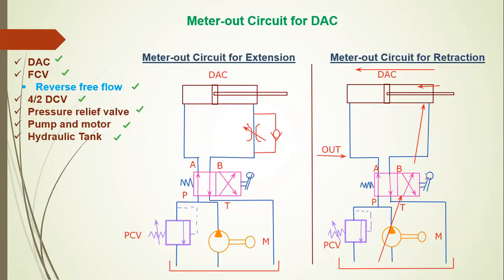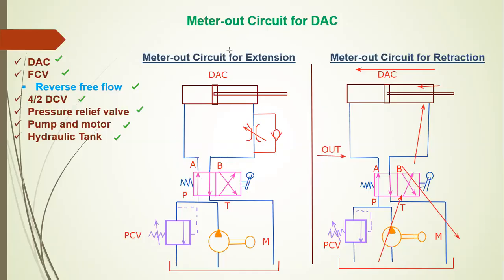For inlet oil in an actuator, we have to consider the second position of the DCV. So the oil passes from the hydraulic pump to the direction control valve and from the direction control valve to the DAC, and on the other side of the DAC the oil is drained out from the DAC, and then the oil passes through the second position of the DCV and returns this way to the hydraulic tank.